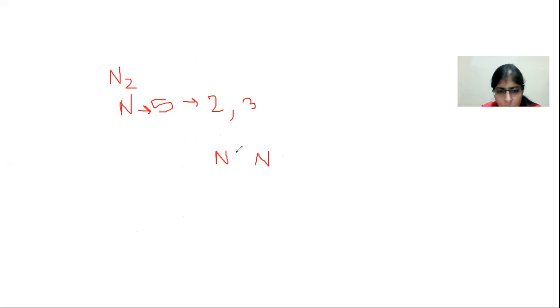Then again N, because there are 2 nitrogens. You have to show the valence electrons. How many electrons are in the outermost shell? That you have to show over here.